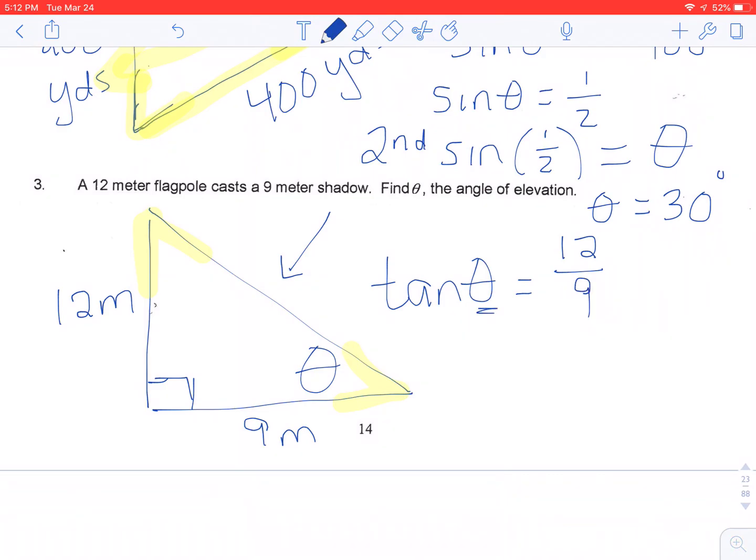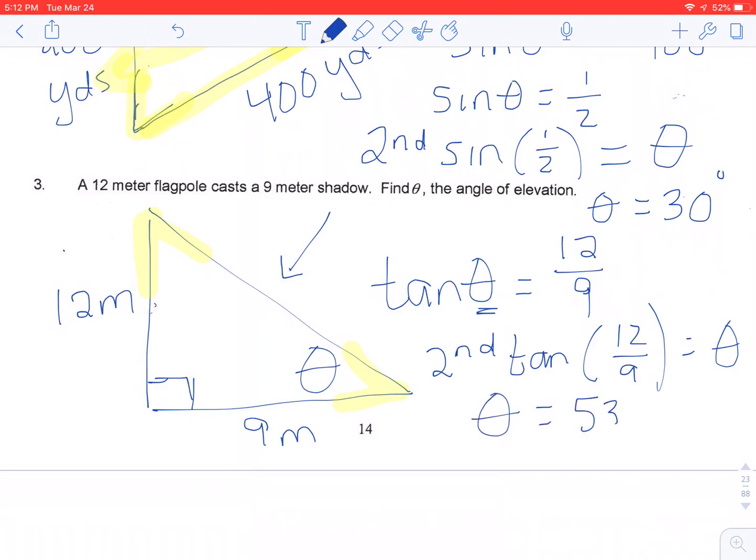Now again, we're going backwards and we're trying to find out angle theta. So we're going to do the inverse of the tangent on the calculator. And since we're in degree mode, our answer will turn out to be in degrees. And round to 2 decimal places.